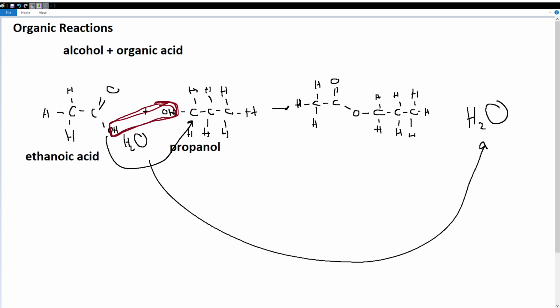So last time we had an ether as one of the products, but this time we have an ester. And the way you would determine that is by looking at this functional group, COOH, or COO, no H.